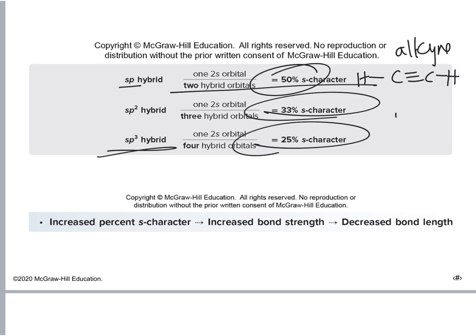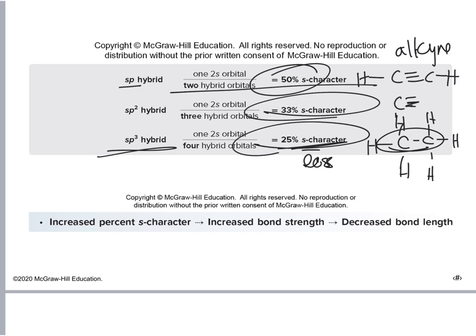Once you learn the functional groups, it's easier. An sp3 example would be an alkane. And to be fair, you would want to do carbon-carbon bonds if you're doing the comparison. So this would have less s character. This one would be a double bond, and that's an alkene.